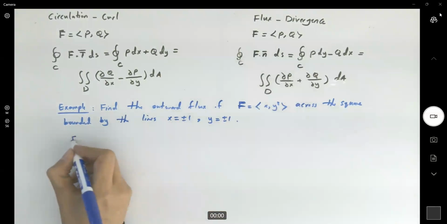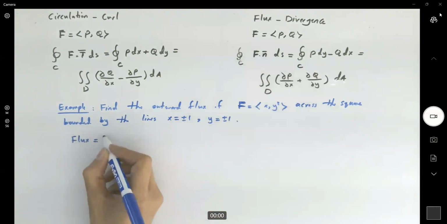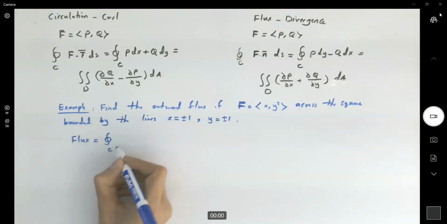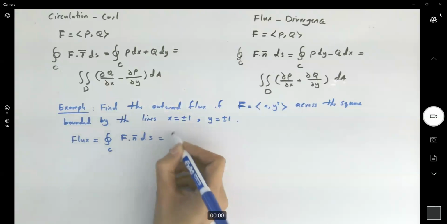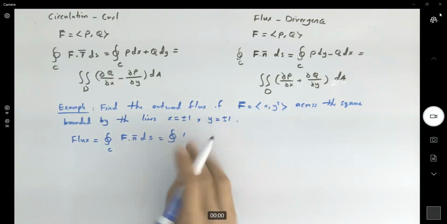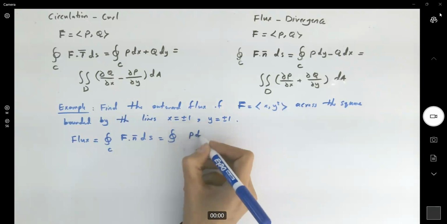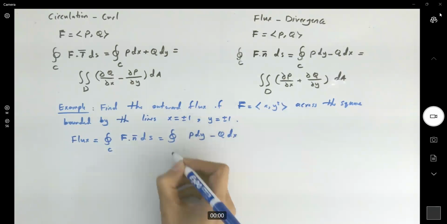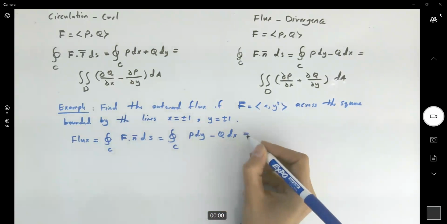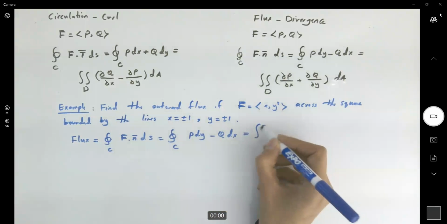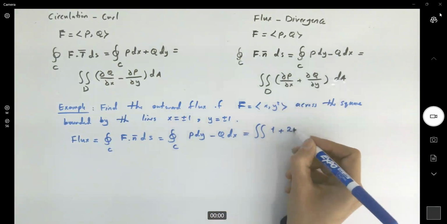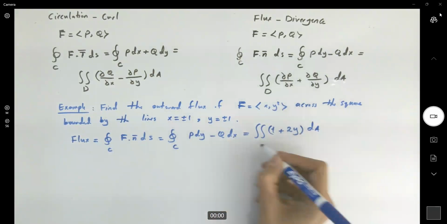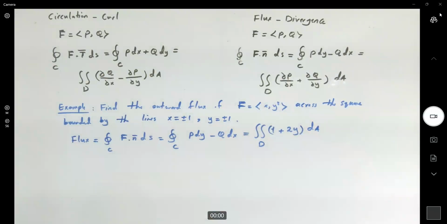Let's follow the formula. The flux is defined as the line integral of F dot n ds, the line integral of p dy minus q dx, which is equal to, as you can see, the double integral of the partial derivative of p with respect to x plus the partial derivative of q with respect to y dA over region D. Now the calculation is not that hard.